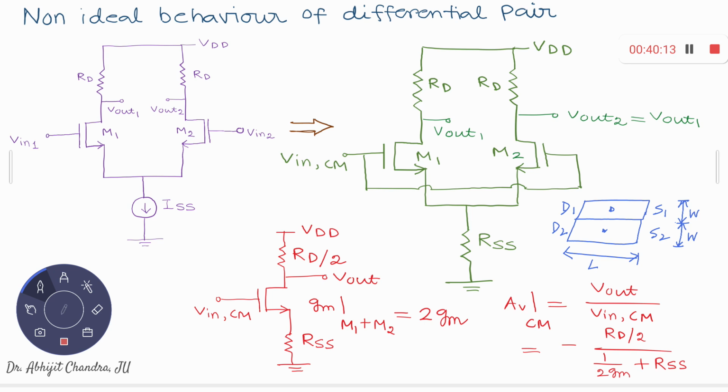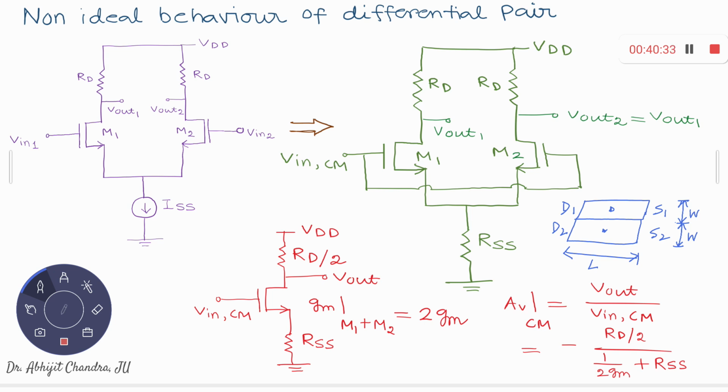Individually, when M1 and M2 are acting separately, half of the current flows through each of them. And now, if you observe the M1 and M2 combination as a single MOS, M1 plus M2, the amount of current is double, right?